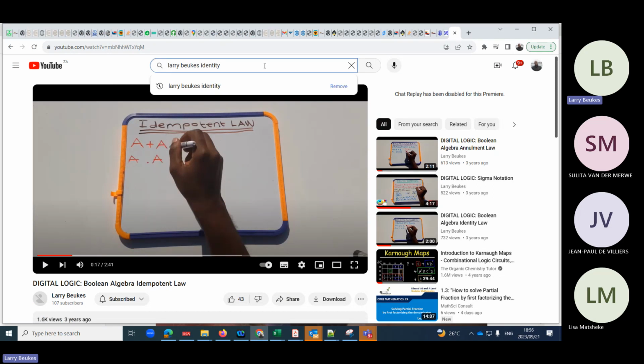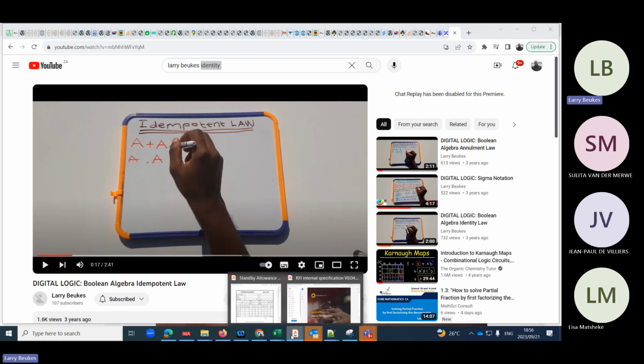It is in this recording, but please just go look for these identity laws. It's only 2 minutes, guys. Go look. There's idempotent law, there's identity law, what's the other one? Annulment law, right? So if you have those 3 laws, you are already sorted, right?